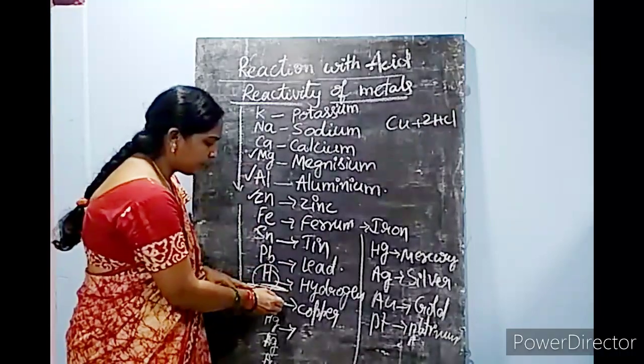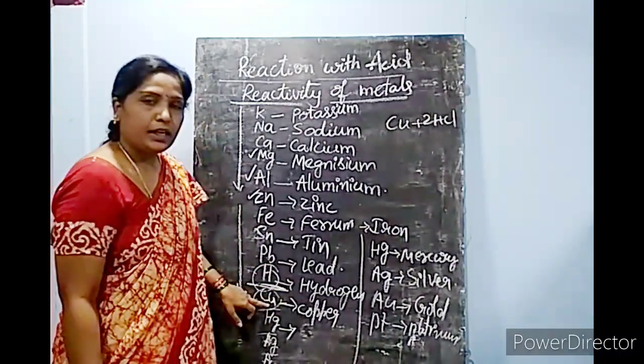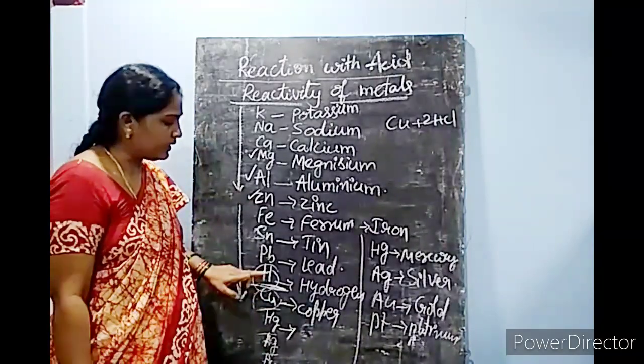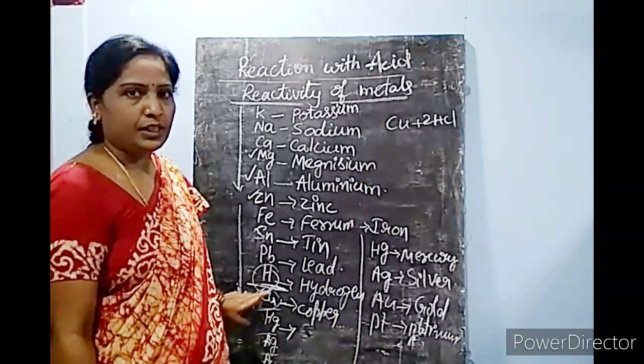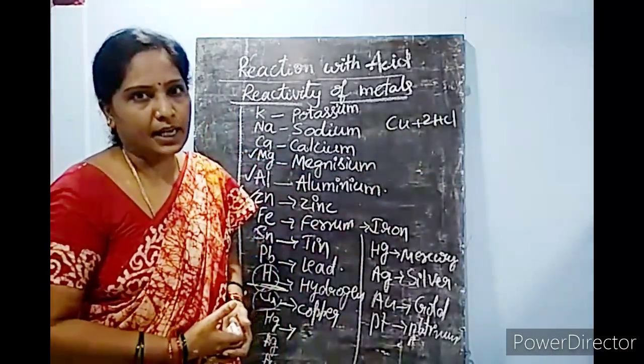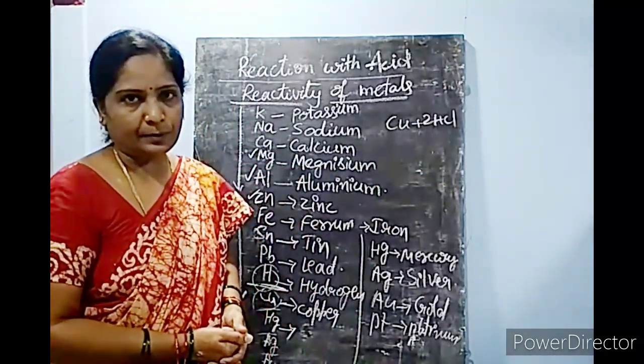In such a case, when we take copper, it is below hydrogen in the table. That means it is less reactive than hydrogen. That's why it takes a little time to complete that reaction.